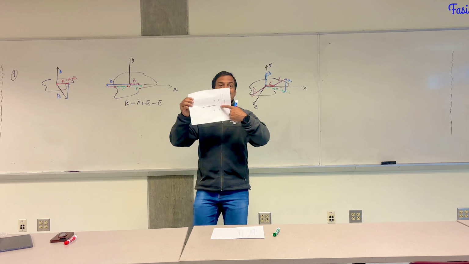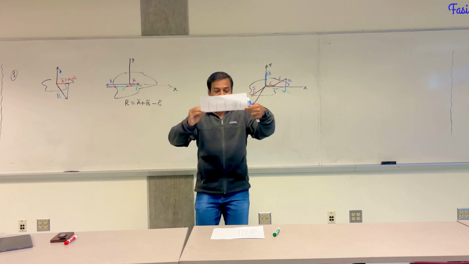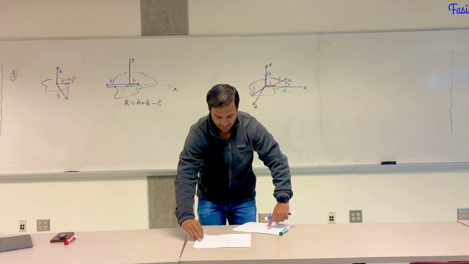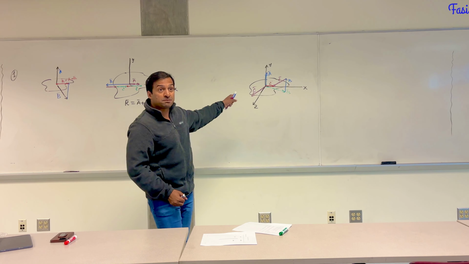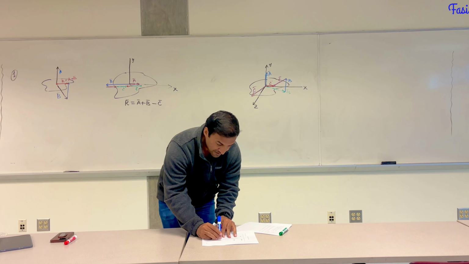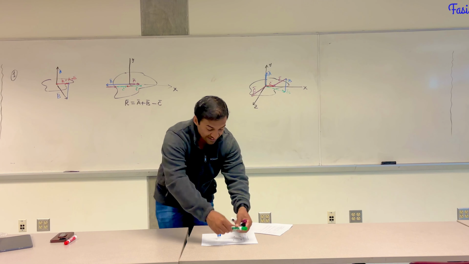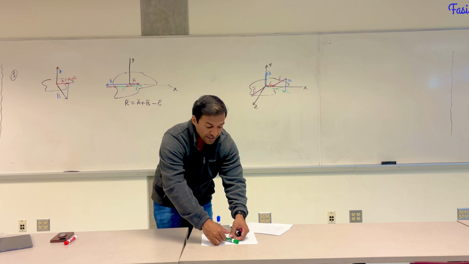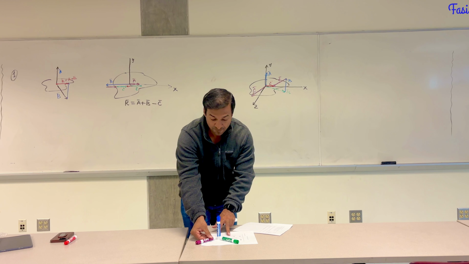Okay, so this line that I have drawn on paper, this is this line, this x-axis. I'm gonna put it here, like this. And on this line, you can see that vector A is perpendicular to this line. So this is your vector A. Vector B, which is the green one, it's in this direction. And vector C, this one, it's in this direction.